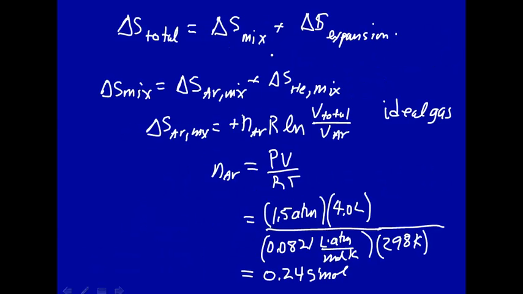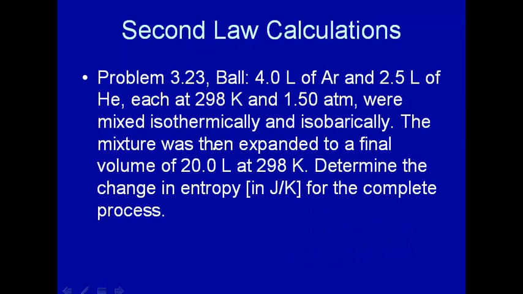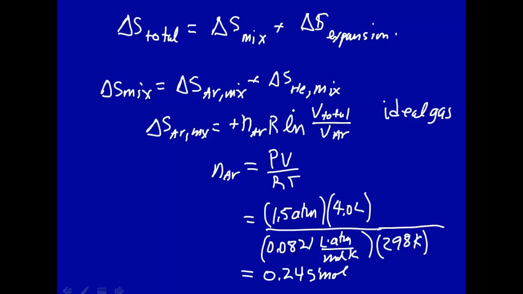And we said after we mix, then we expand it, from our combined total volume after mixing, 6.5 liter, to 20 liter. Again, same temperature, but we're now changing the volume, which implicitly means we're changing the pressure.